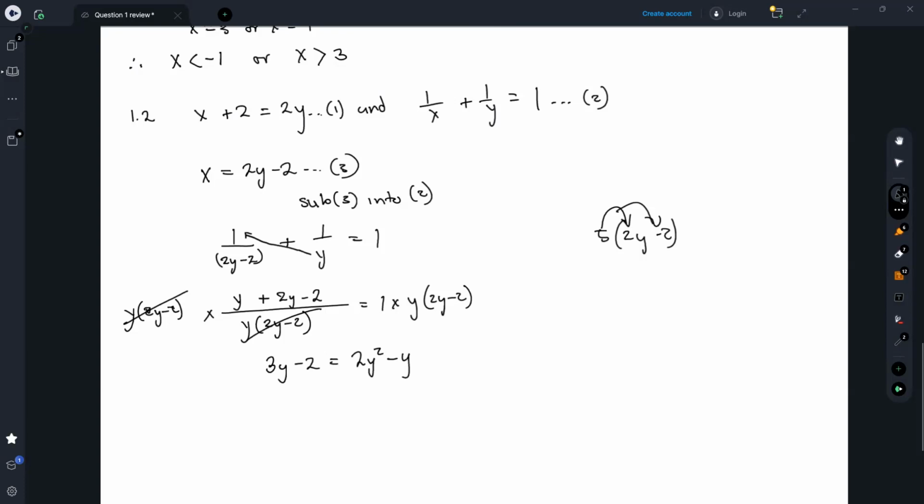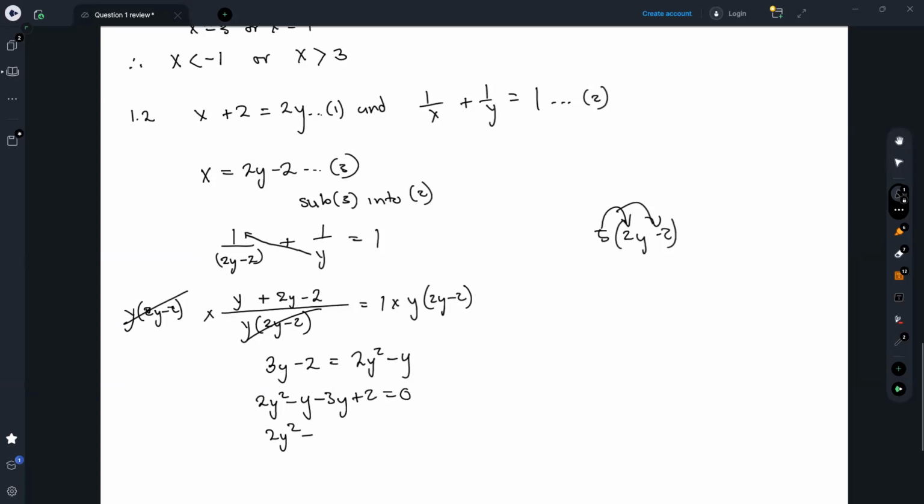Now, since this is a quadratic equation, what we're going to do is put everything into one side and equate it to 0. So 2y squared minus y minus 3y plus 2, we're going to get a 0 like that. So this simplifies to 2y squared minus, am I missing anything here?